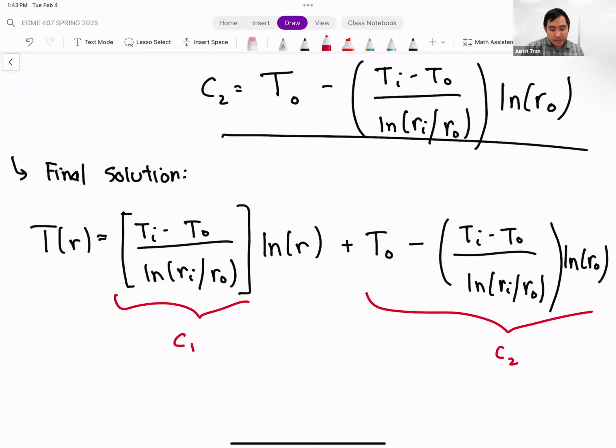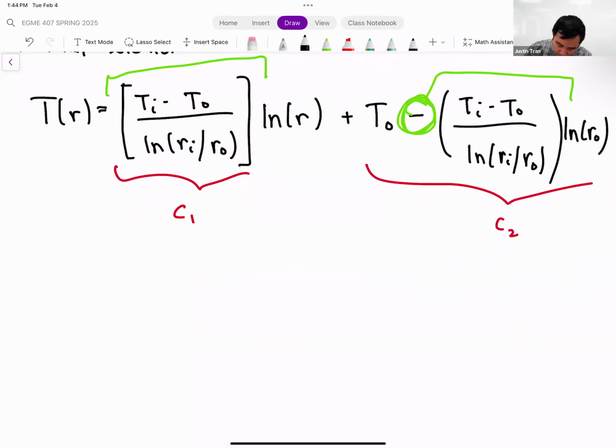We can actually simplify this a little bit, just so you don't have to write all these terms. If you look at this coefficient and this coefficient in green, you'll see that those are the same, and they're both multiplied by a natural logarithm as well. The only difference is that there is a minus sign out in front. So let's combine these logarithms just to make our solution a little bit more compact.